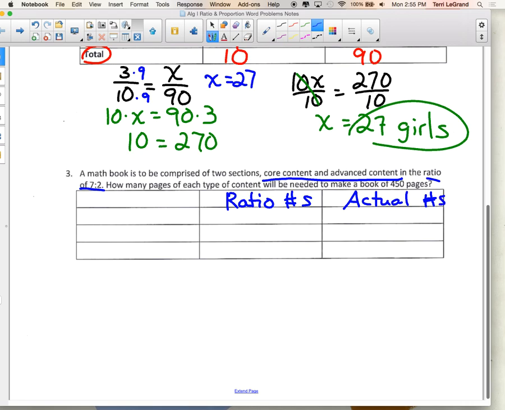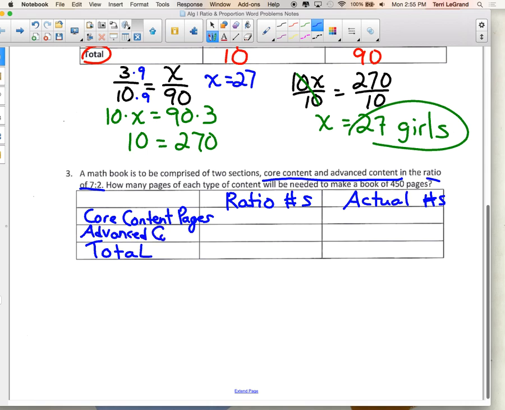And sometimes you're going to need a total, and this one looks like you need a total row, so that could be your bottom row. We're going to total across the bottom row. And then we have those two rows where we have core content pages. This is where we do our labeling, remember? Core content pages. And this book has advanced content pages.